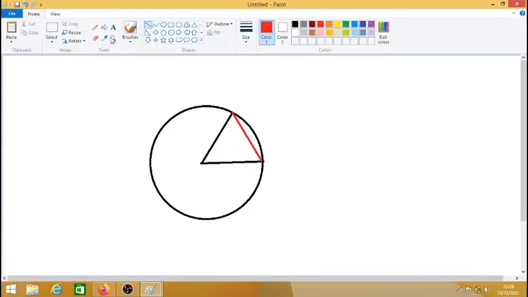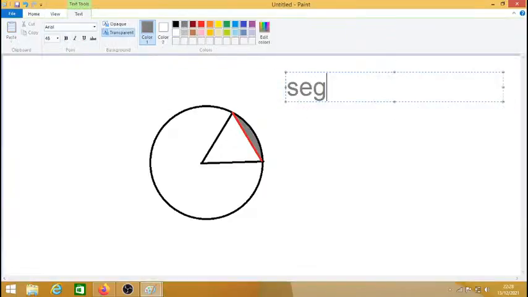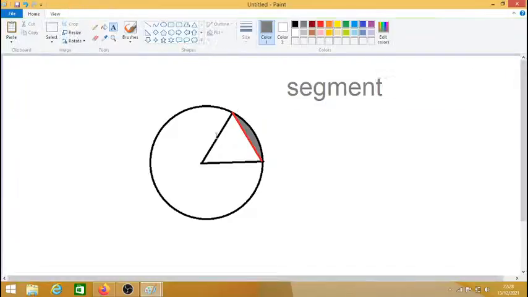So now I've got this little segment just in this corner here, in gray. So that's called a segment. The whole thing that I'd made, like the pizza slice, that's called a sector. But then when I cut out the triangle, then what I've got left is a segment.